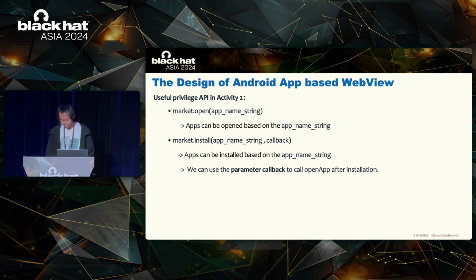One is market.openApp. Apps can be opened based on the app name string. Another is market.installApp. An app can be installed based on the app name string, and a callback for install app can be set. We can use this callback to open the app after install.